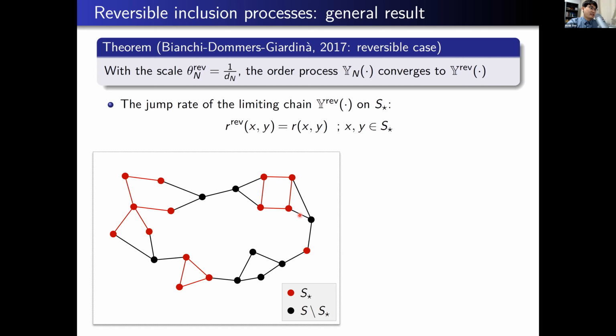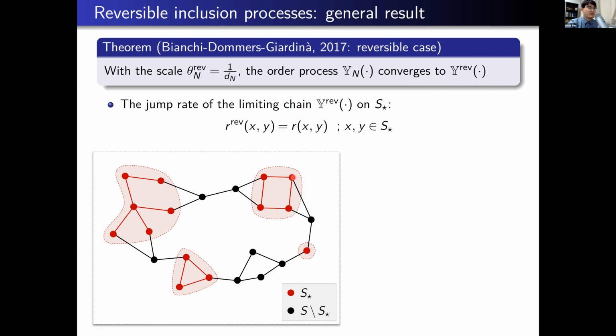So this is a visualization. Here red points indicate the sites of S star, and black represent sites of S minus S star. So this process Y is a restriction of the underlying random walk on the red sites. Note that there is no one-way jump because of reversibility.